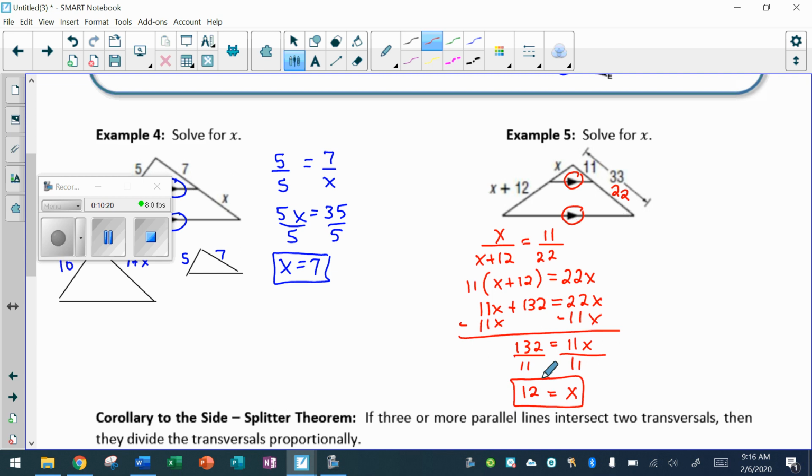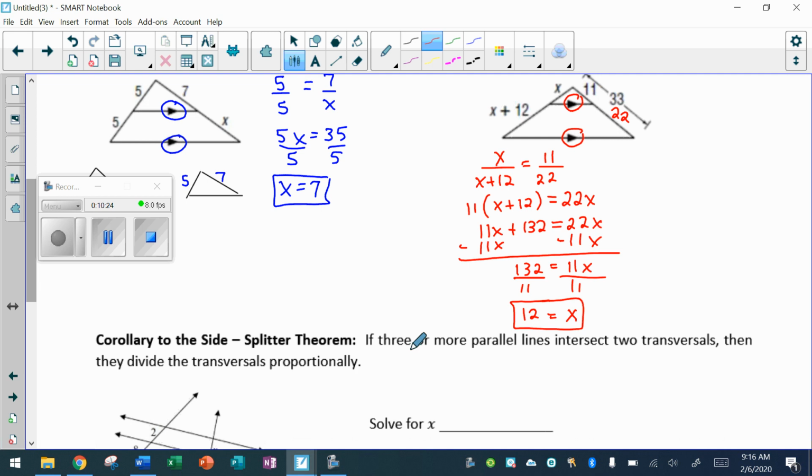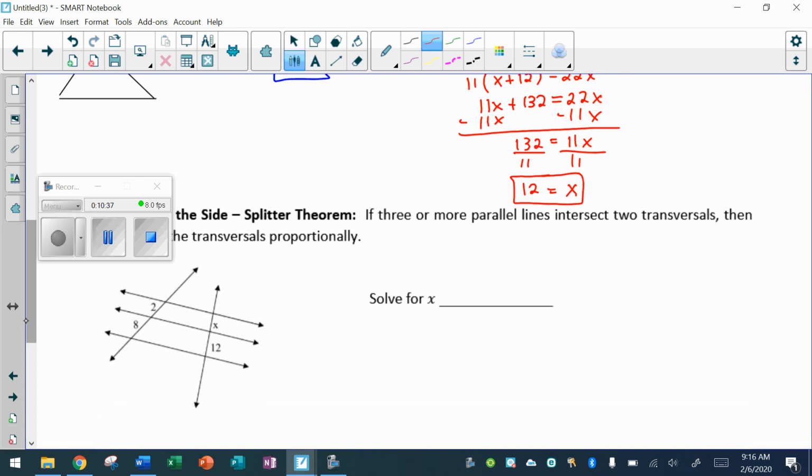Okay? So the corollary to that is that if I have more than one set of parallel lines, 3 or more, and they intersect two transversals, then they divide them proportionally, like this diagram. If these lines are all parallel, then these segments here and here of these transversals should be broken up proportionally.